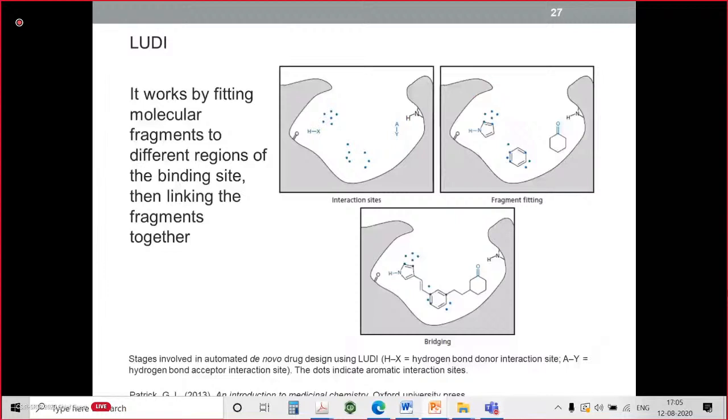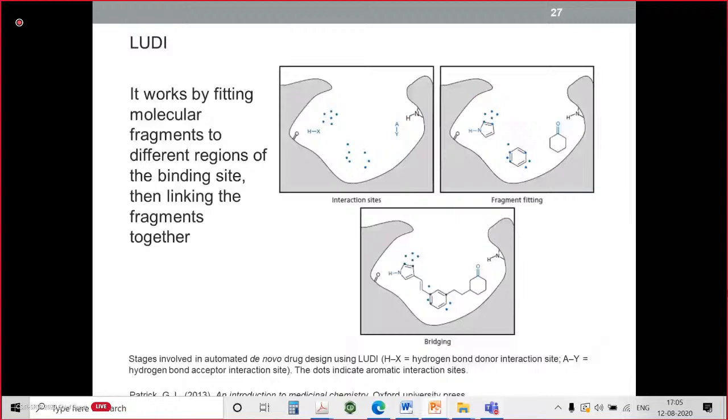I'll basically start with a few software tools which can help you in designing the lead molecule or lead compound using different fragments or generating the fragment itself. One interesting example is LUDI, which is de novo drug design based software.